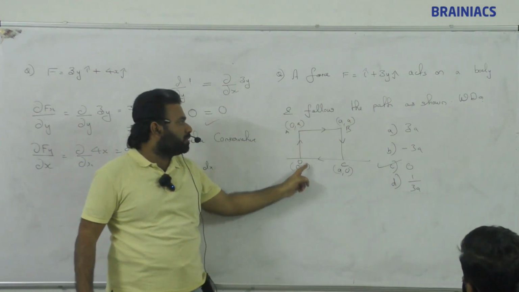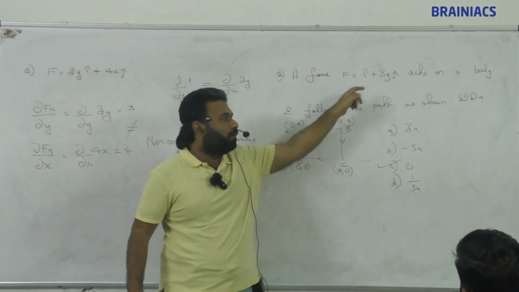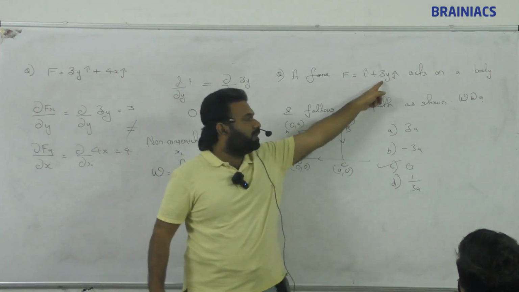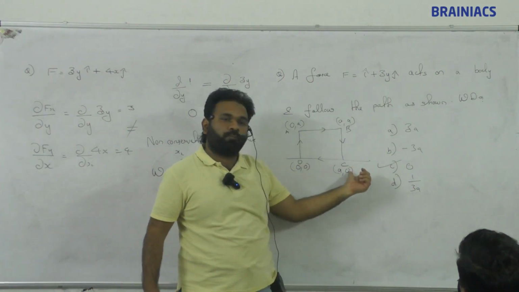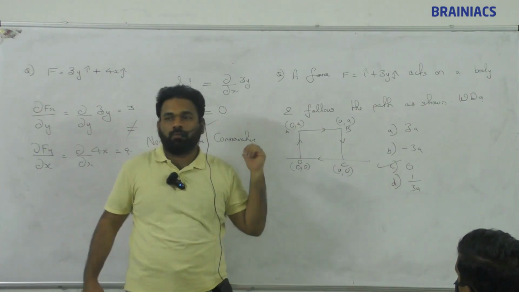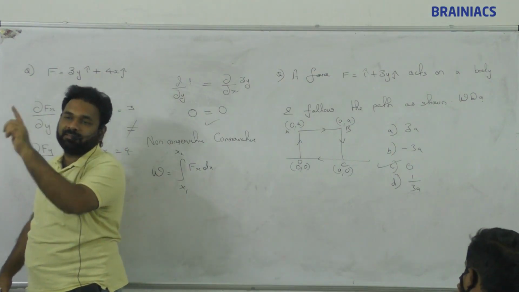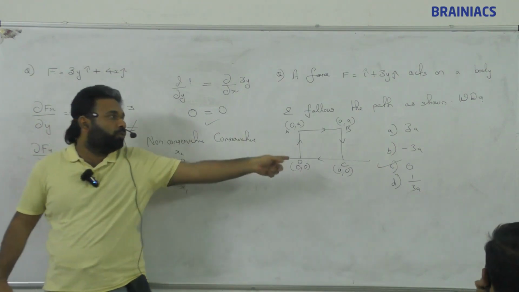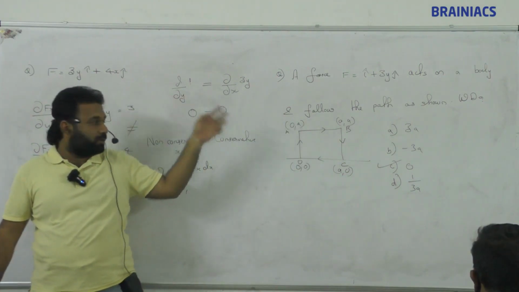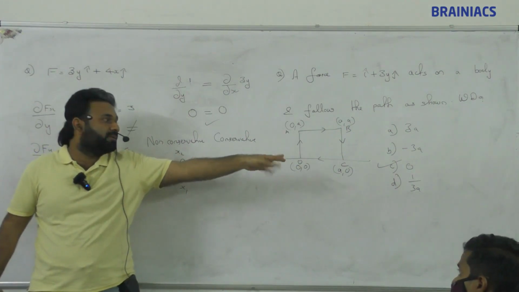Put the limits from 0 to A. When we do A to B, consider this part. Put the limit from 0 to A. When we do this one, take this one. Put the limit from A to 0. This way, consider this one. Put the limit from A to 0. So in this case, whatever we do, two parts will be plus and another two parts will be minus. It will cancel off. Do this and verify whether you are getting 0 or not. Not using this method, using this method. Just check each path, make sure you are getting 0 or not.